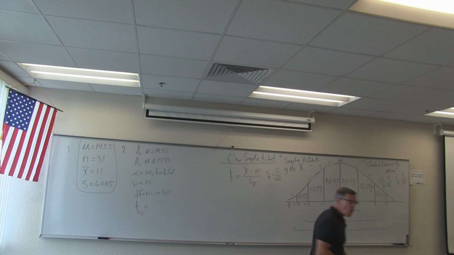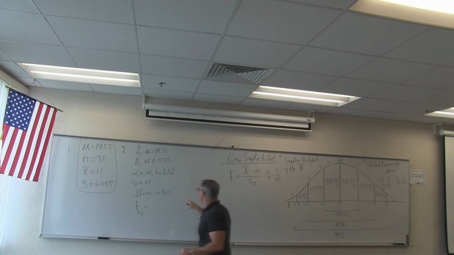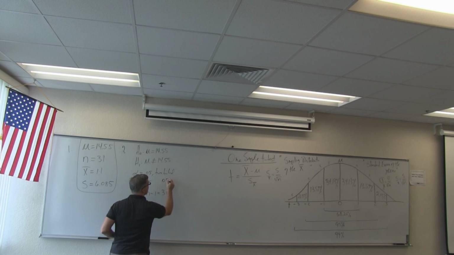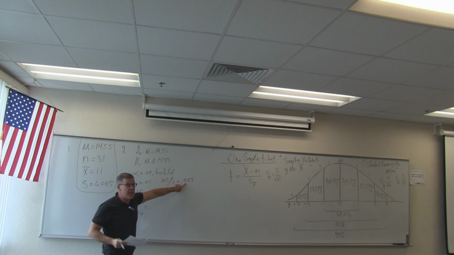And because this is so, and we're running a two-tailed test, we actually have to divide alpha by 2 to get the area in the one tail, which we know to be 2.5%, right? 0.025.